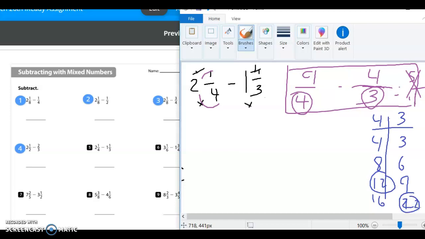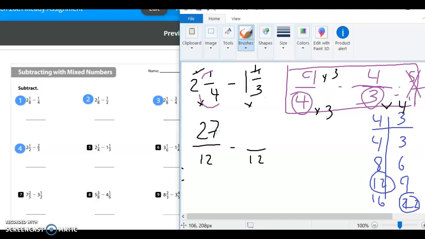All right, so my new math problem is going to have 12s as my lowest common denominator. So can I just put a 9 here? No, I can't, because whatever I did to the bottom, I have to do to the top. So I multiplied 4 times 3, so I have to multiply 9 times 3, and I get 27.